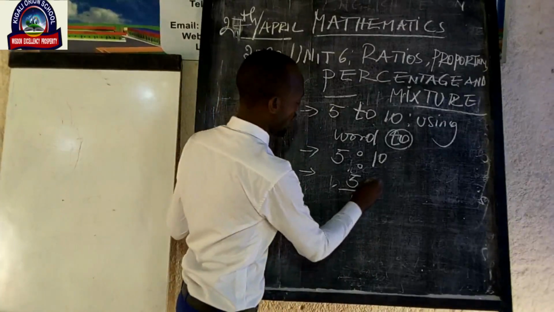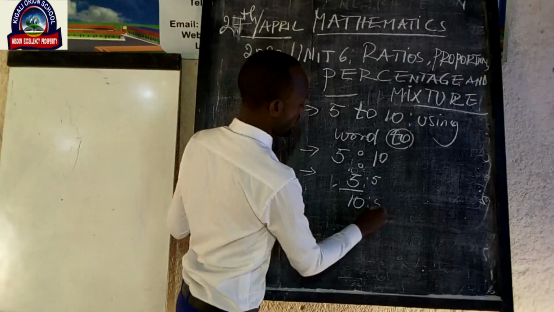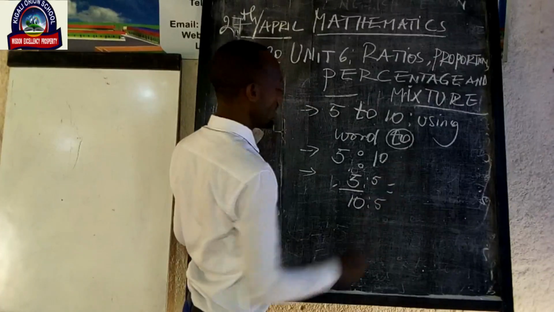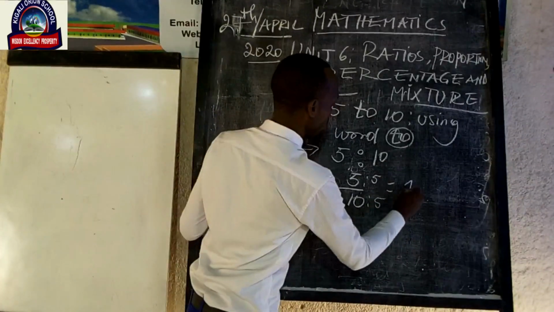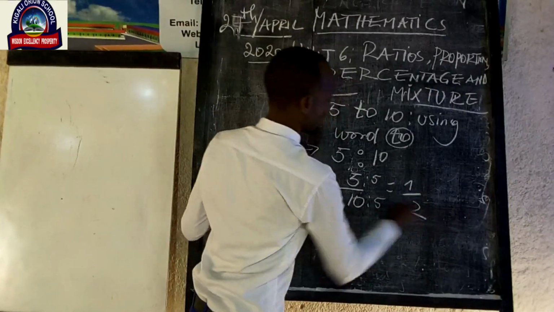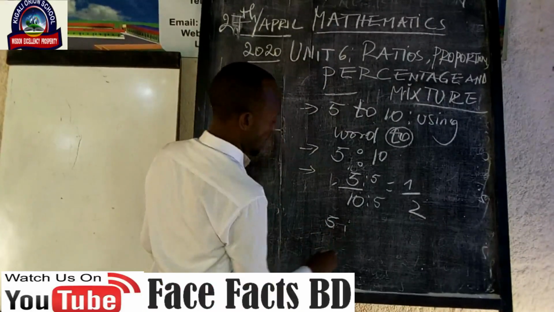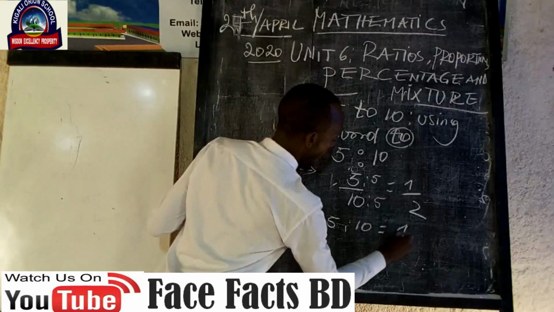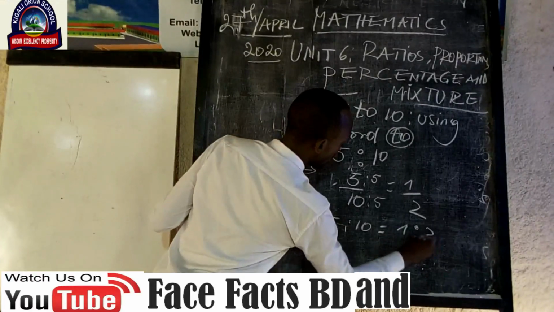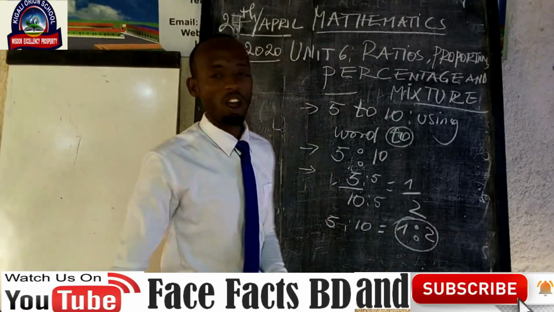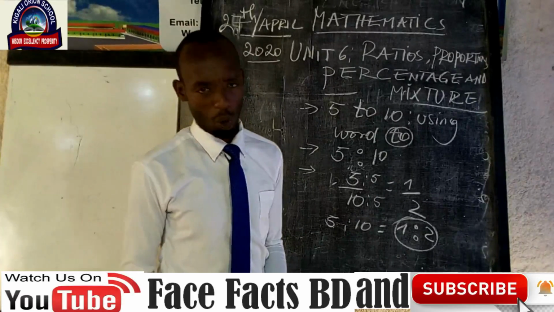So simplify 5 up, then divide by 5 down. The answer I get is 1 over 2. Another one is 5 : 10 is equal to 1 : 2. So that is a way of writing a ratio.